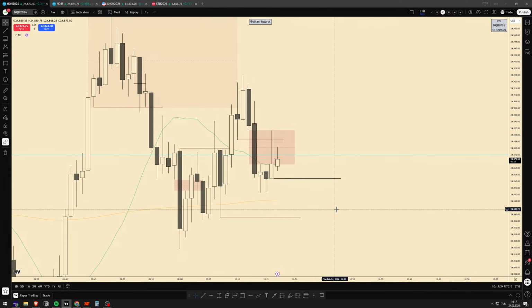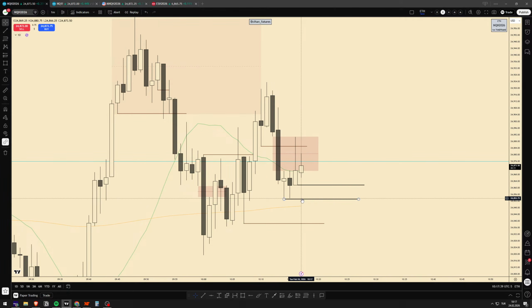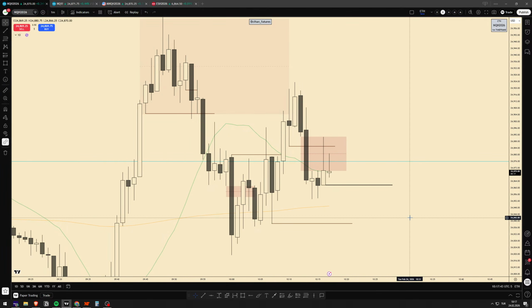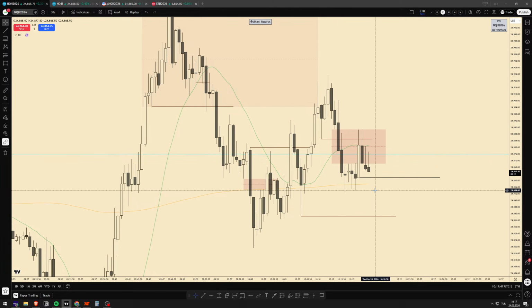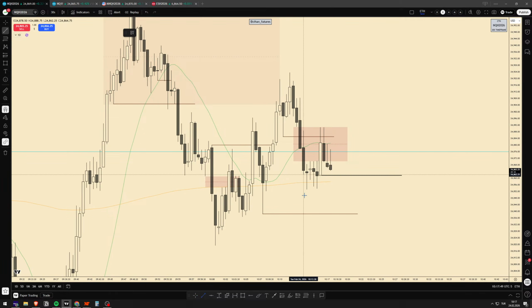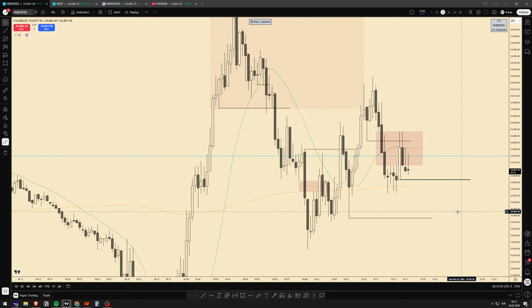I wouldn't be surprised if price made one last sweep, take out this low to tap the 200 SMA on 1 minute chart too. On 30-second it was tested, but a little wick below these lows wouldn't be a surprise. But I don't want to see this low getting taken.